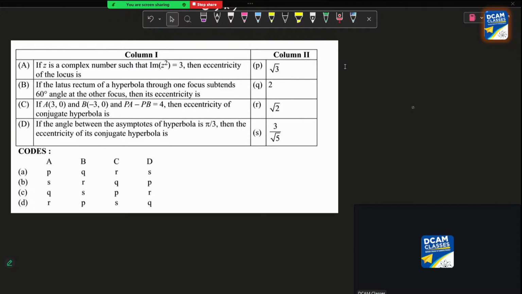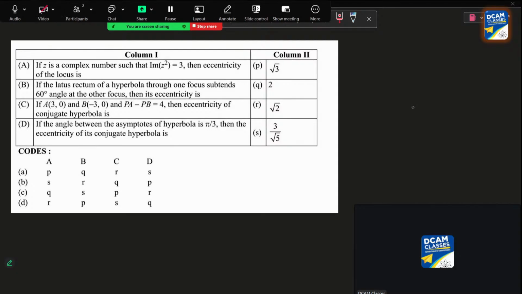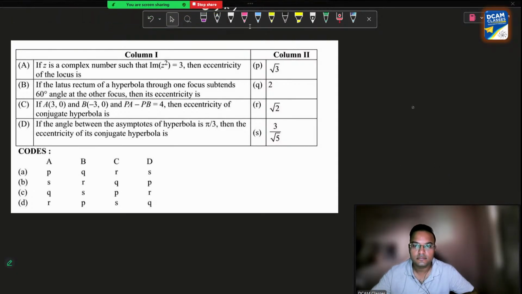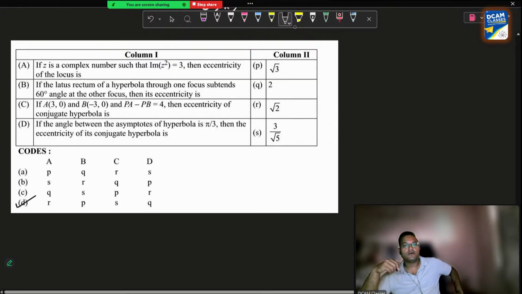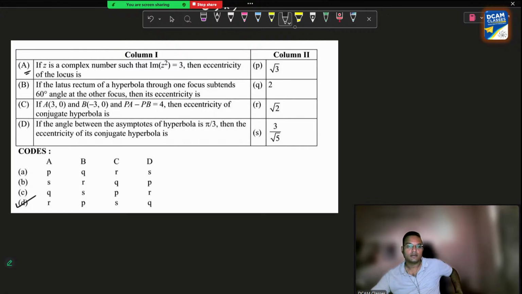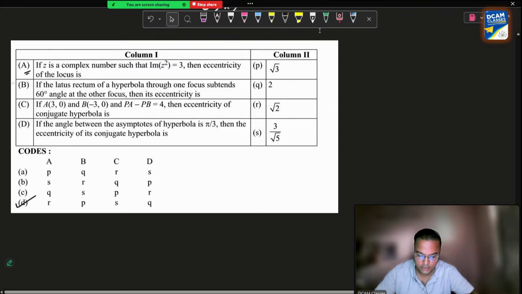Only one option has it. At least they should have given two or three options the same. All are different. Just look at it. You have found out how to solve the first one, A. Can you solve B, C, and D? Yes, I can. Okay, then no need to solve.